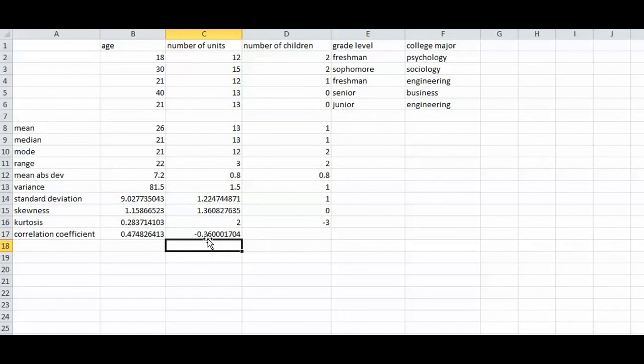We get negative 0.36, which means in this data set we have a negative correlation between these two variables of age and number of children. Let's make a scatter plot to see if it looks like a negative correlation.